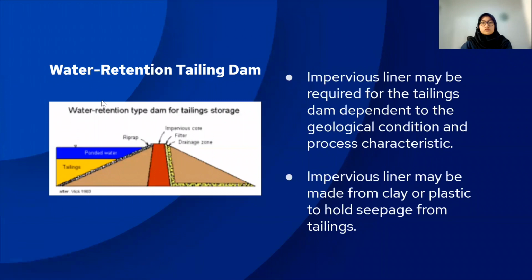So this is one of the construction methods. This is the water retention type. Depending on the geological condition and process characteristics, an impervious liner may be required for the tailings. It is made from clay or plastic to hold the seepage from the tailings.